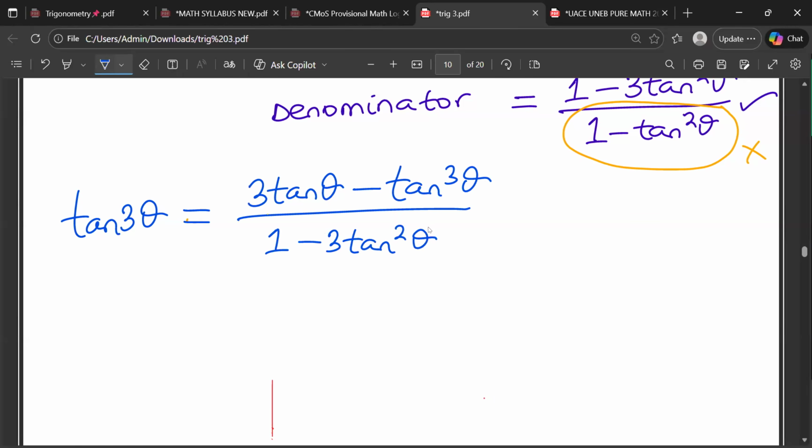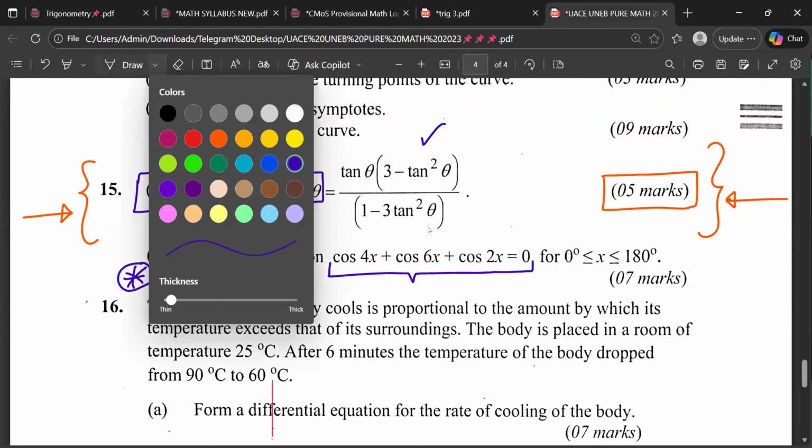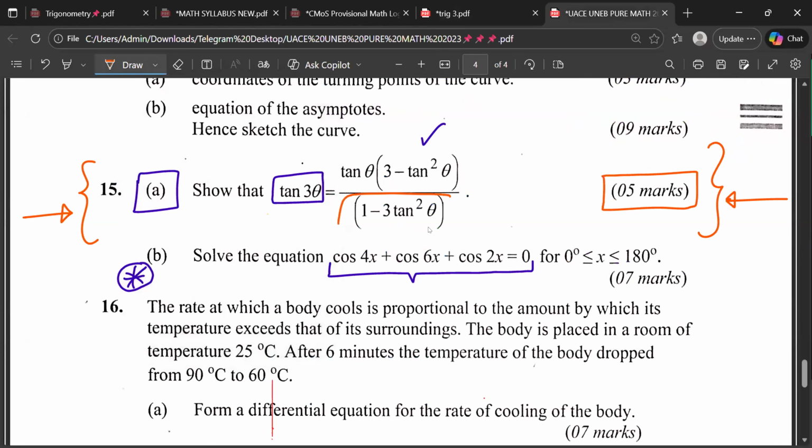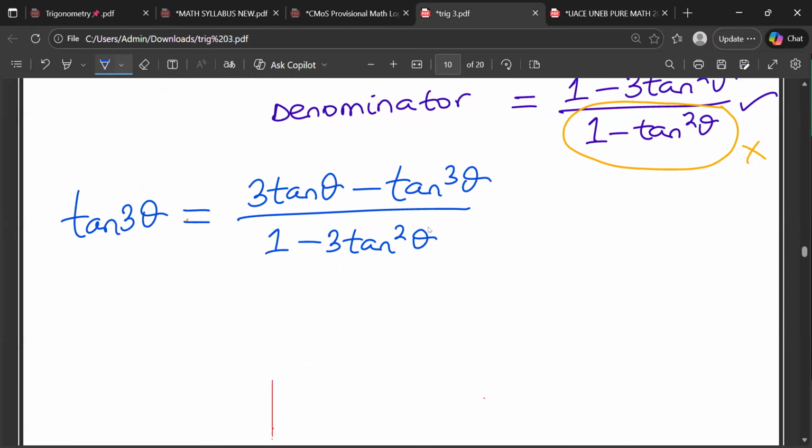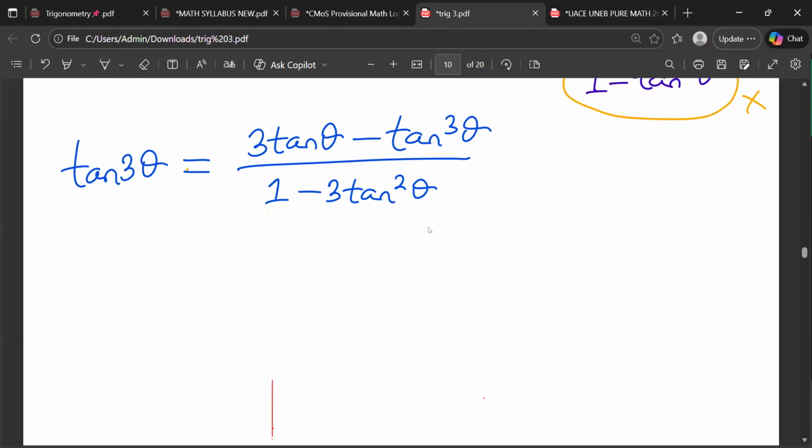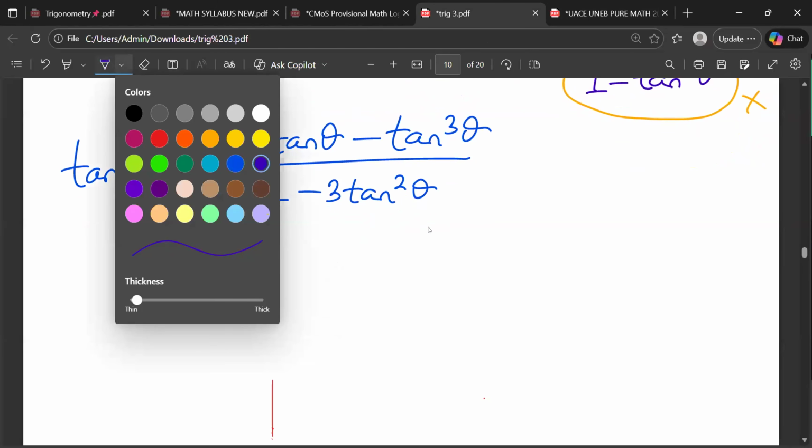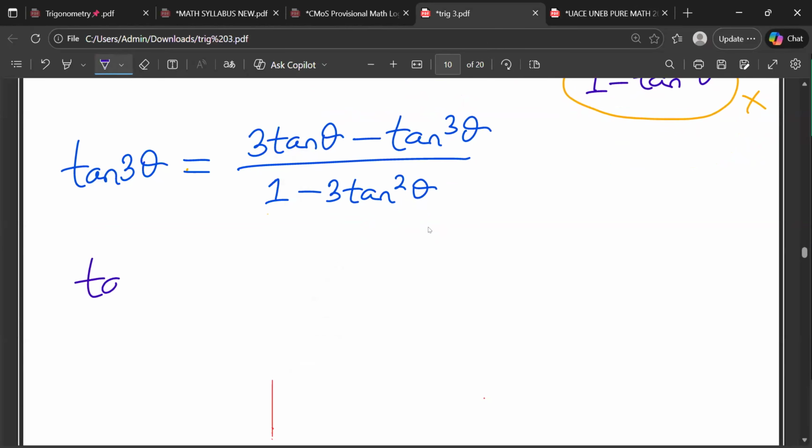When you go back to the question, you now have the denominator, here, the way it was requested. But in the numerator, they pulled out tan theta. So you also come and pull it out, and then get what those people really wanted. You'll have the tan theta pulled out.